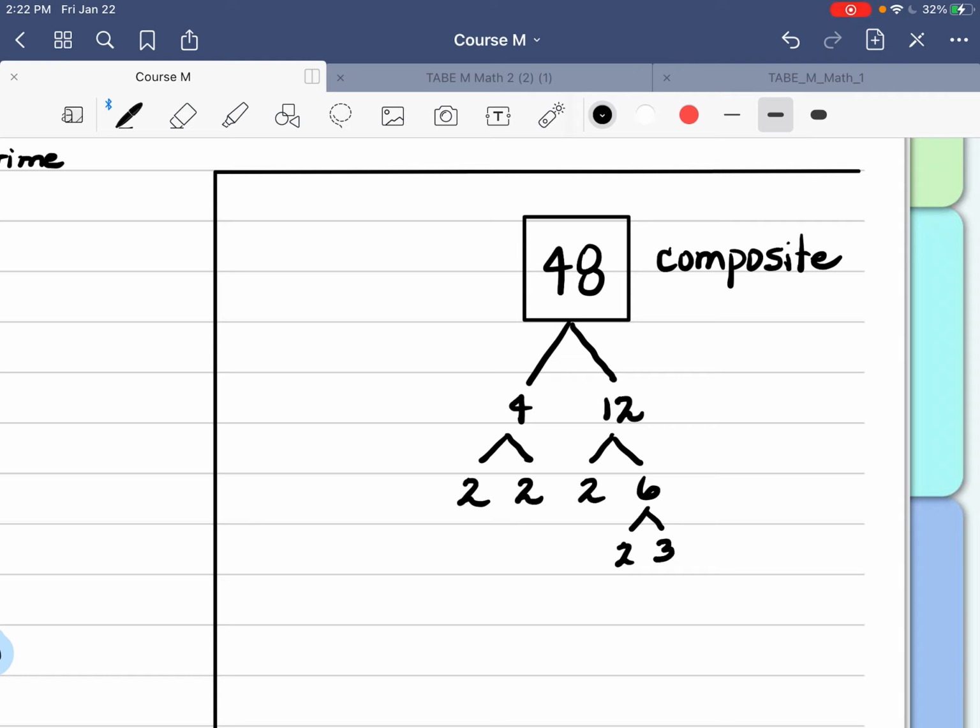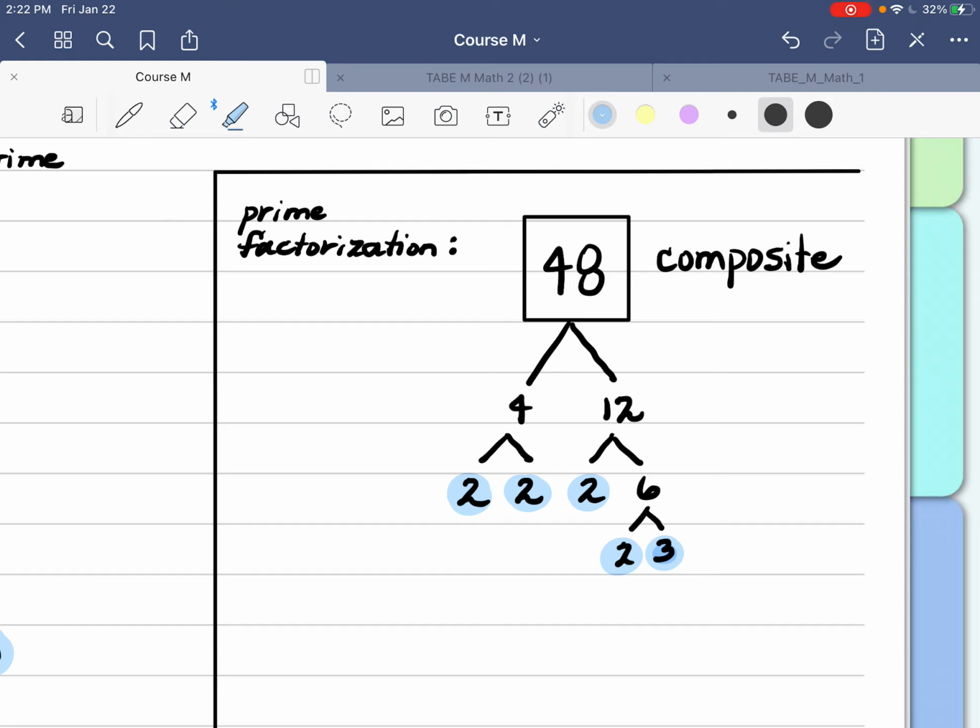So we would say that the prime factorization of 48 is 2 times 2 times 2 times 2 times 3. You get the lowest ones on there.